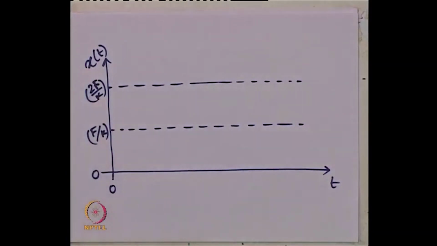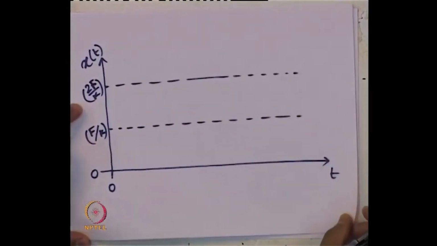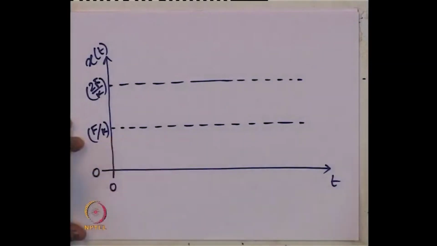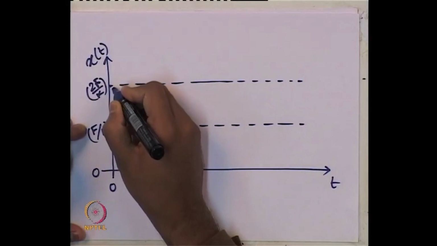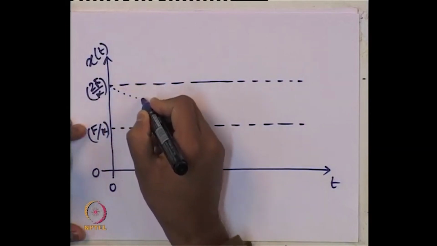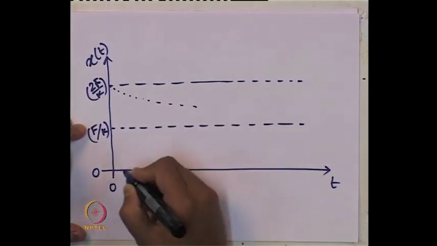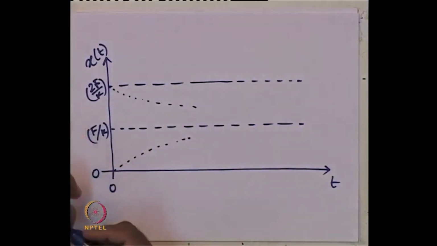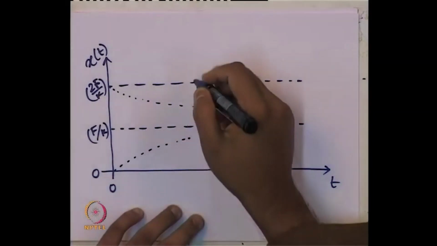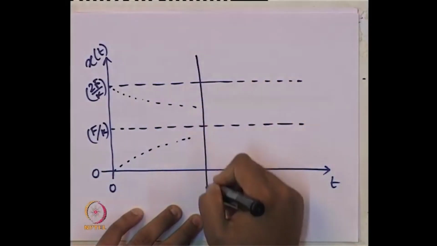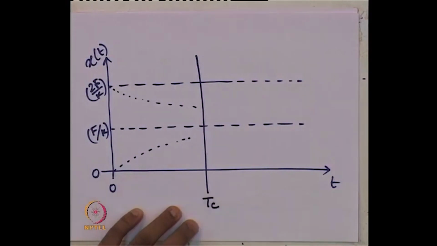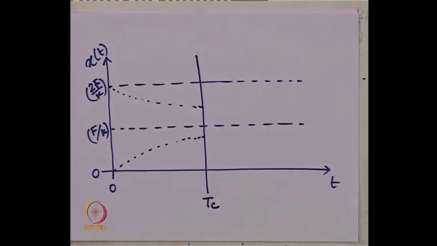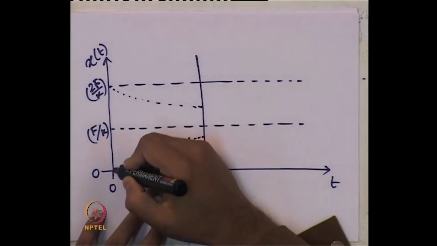Initially, as we have seen, it will oscillate about this static displacement till the time T c. So, let us draw the exponential decay. Let us say this is our time T c.